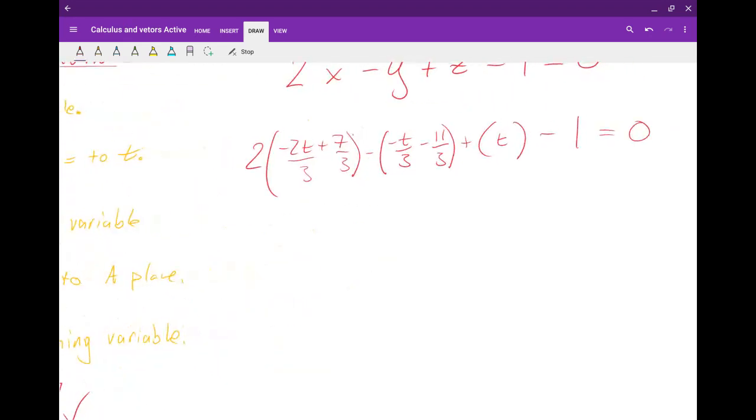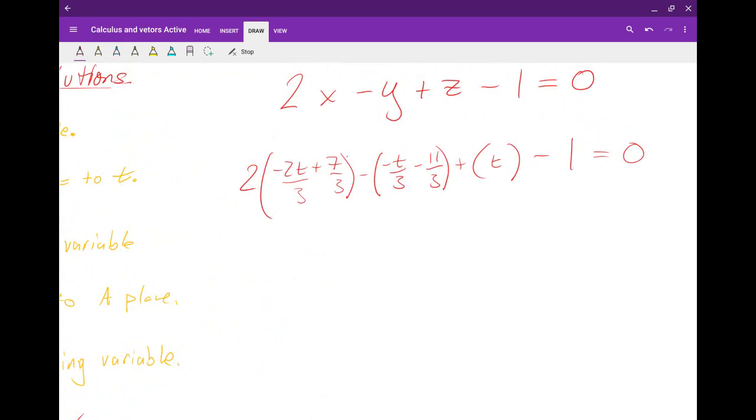Then you might be saying, well, how do I know what all this is? Well, what I'm going to do is simplify this and see what happens.